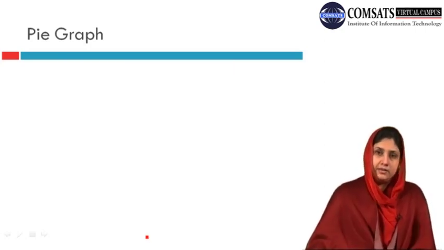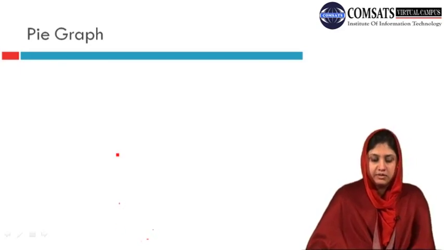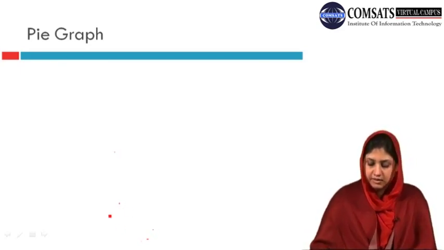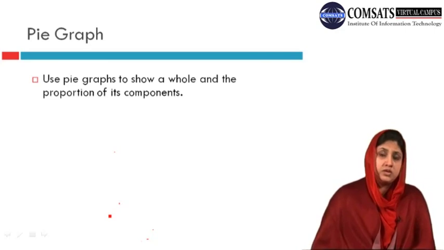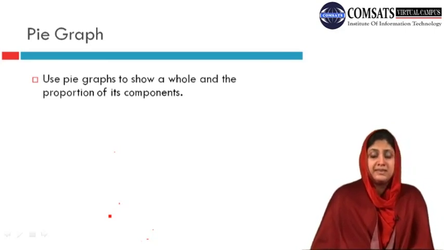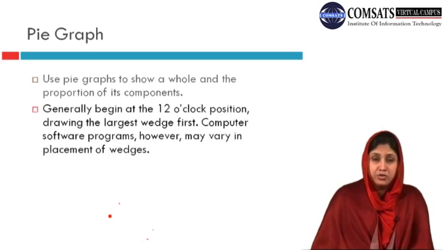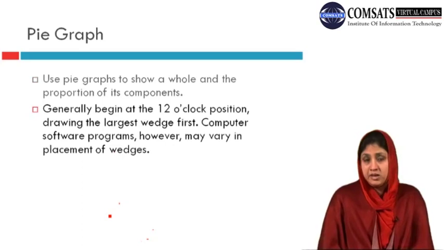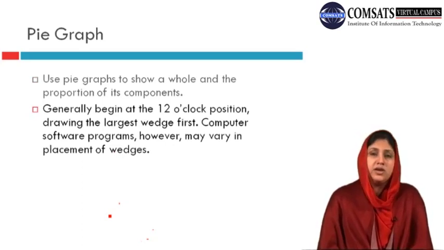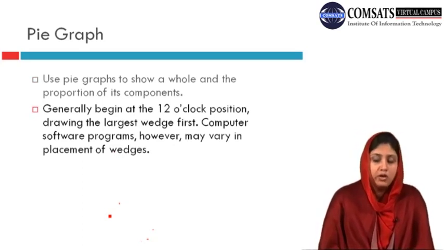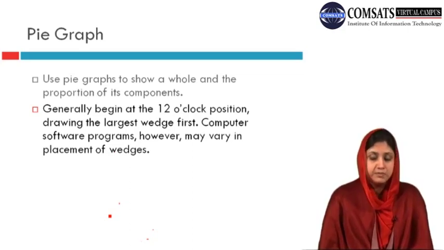Now, although there are technology-assisted facilities available that you can use for these pie charts, if you have to design them on your own, you need to take care of a few things, because you use pie charts to show a whole and the proportion of its components.